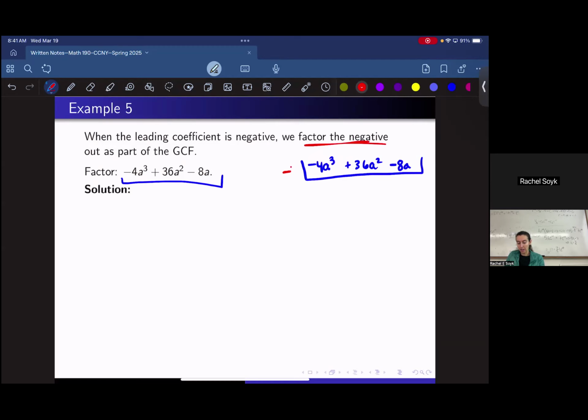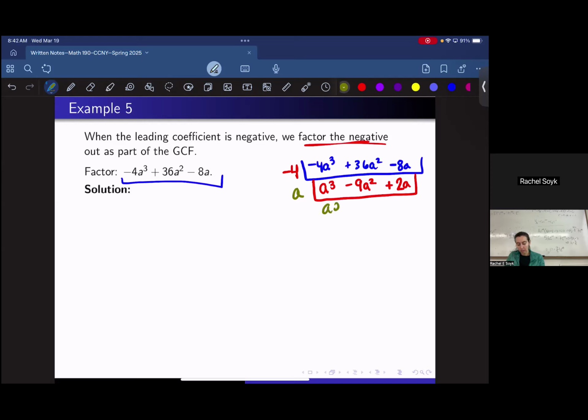So let's pull out a negative 4, right? And when we do that, we're left with a cubed minus now 9a squared, and then plus 2a. Now let's look at that variable. What can we pull out? Just an a.